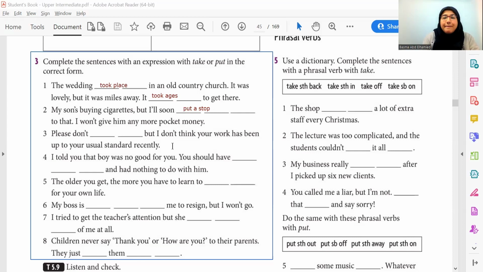Number 3, please don't take offense. Don't be offended. But I don't think your work has been up to your usual standard recently. Number 4, I told you that boy was no good for you. You should have taken my advice.